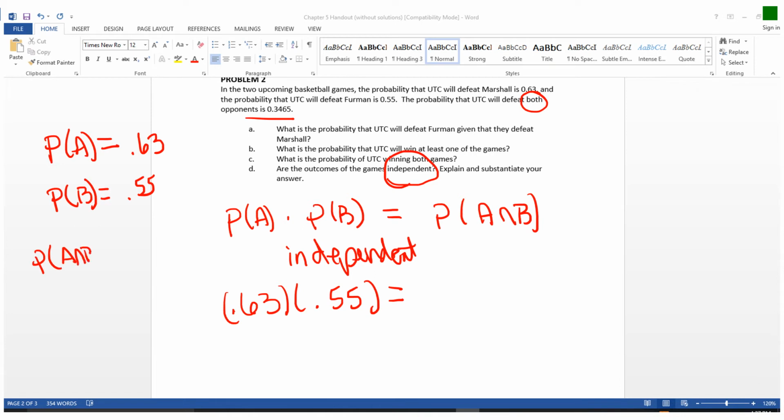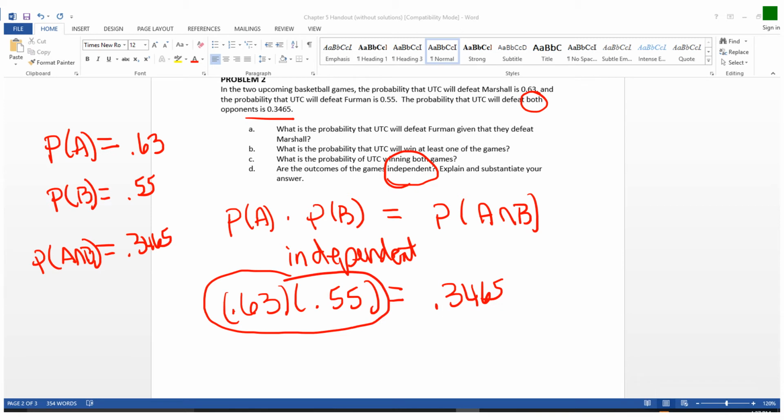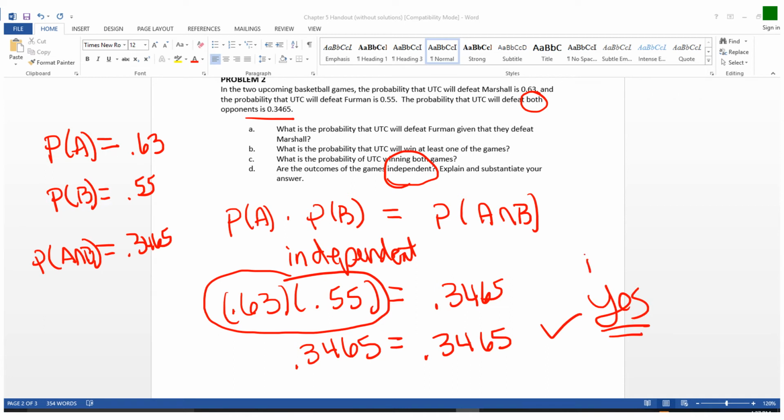The intersection was given at 0.3465. So remember, that's already given in the problem. If you were to take 0.63 and multiply that by 0.55, you would get exactly 0.3465, which equals 0.3465. So the answer in this case would be yes, they are independent events because you can take A times B to equal the intersection.